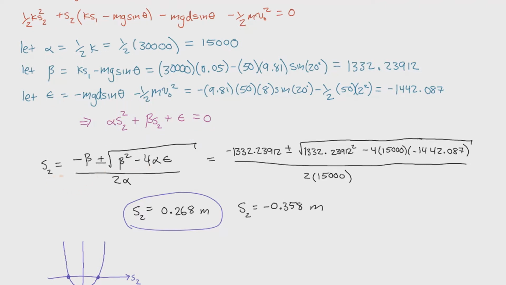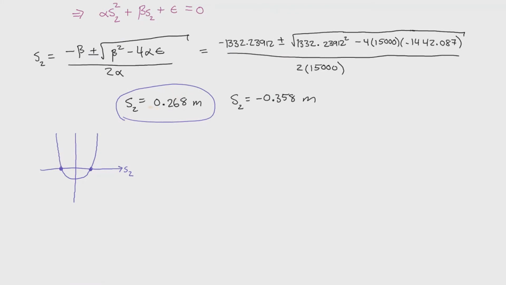And then to find S2, all we did was use the quadratic formula and plug in the values into our calculators to get two different values for S2. So we got one value that was positive and one value that was negative, and that's simply because we have a quadratic equation or a parabola that passes the horizontal axis at two different points. So that's why we get two different values for S2.